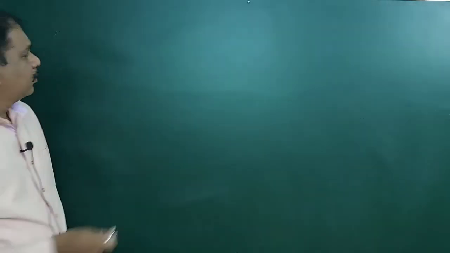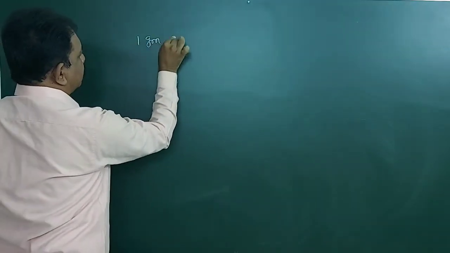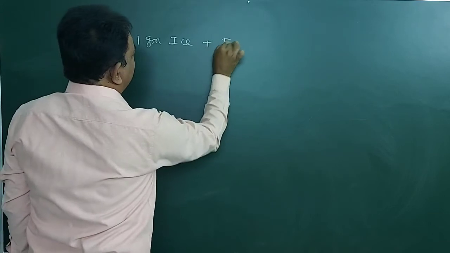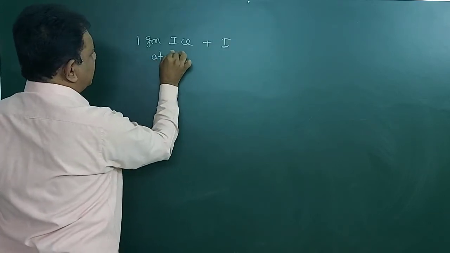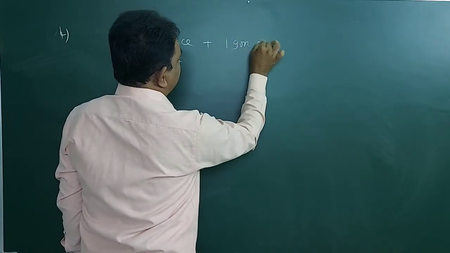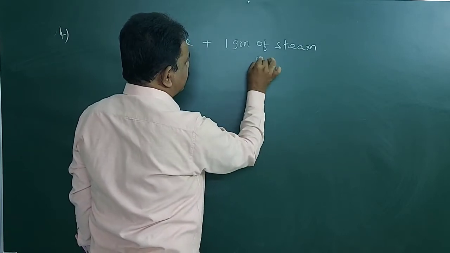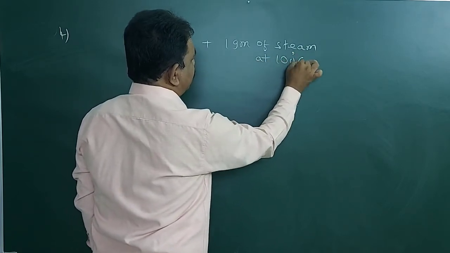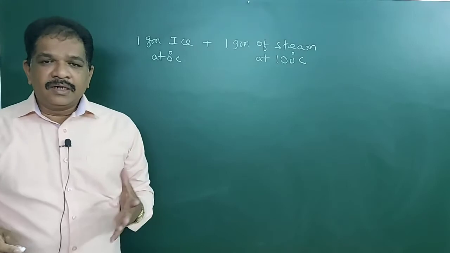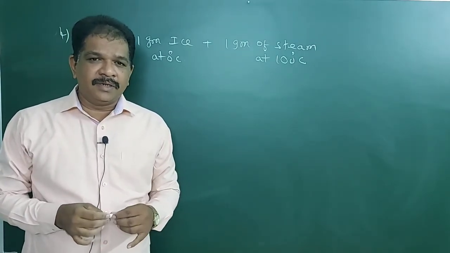So, 1 gram of ice at 0 degrees centigrade and 1 gram of steam at 100 degrees centigrade are mixed together. In thermal equilibrium, what is the common temperature?